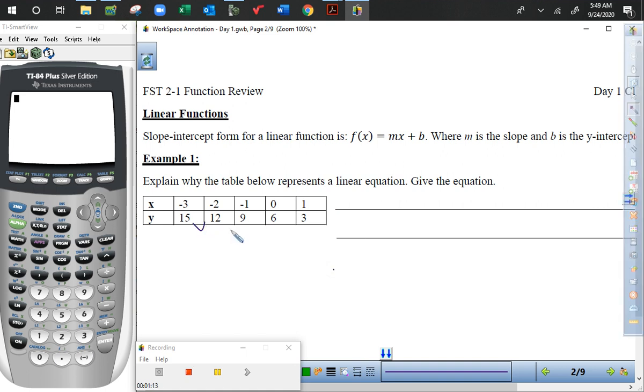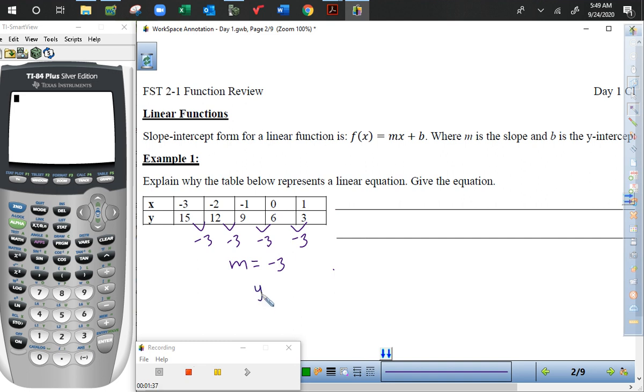Each time, if we look at our y values, it looks like we're subtracting 3 all the way through the table. It has to be consistent, but that constant jump is actually our slope. So that tells you m is -3 here. That's only going to work if our x values are counting by 1.